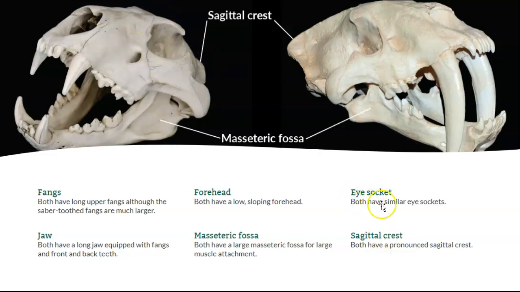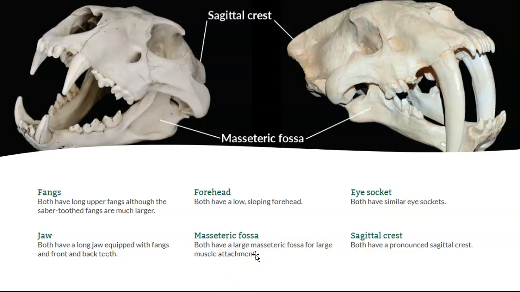Eye socket. Both have similar eye sockets. They're both forward facing. The jaw. Both have a long jaw equipped with fangs and front and back teeth. And look in the jaw and the teeth, and you can see a similar pattern of teeth.